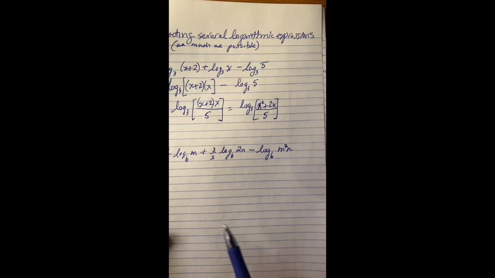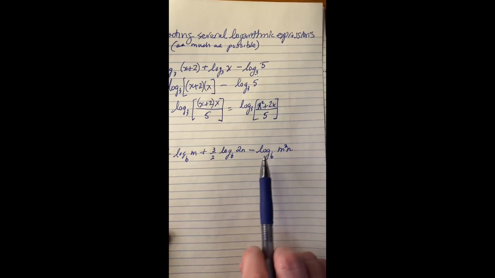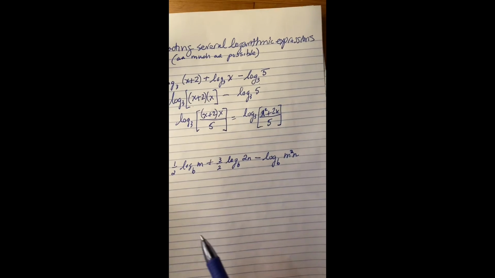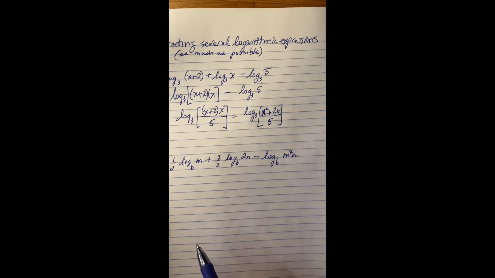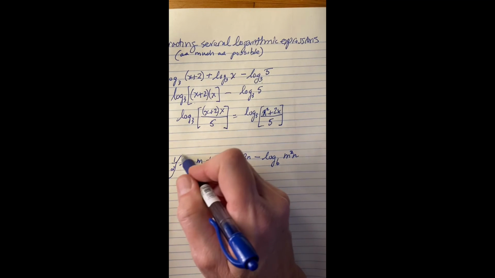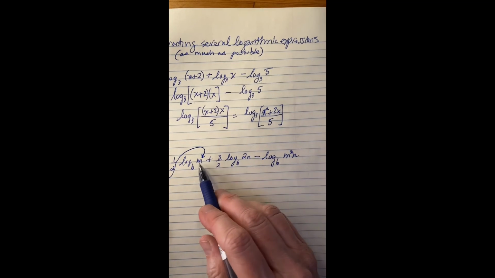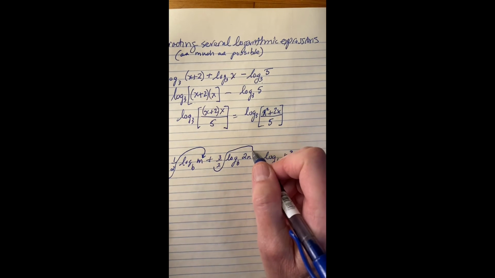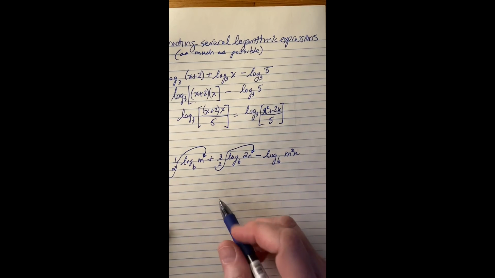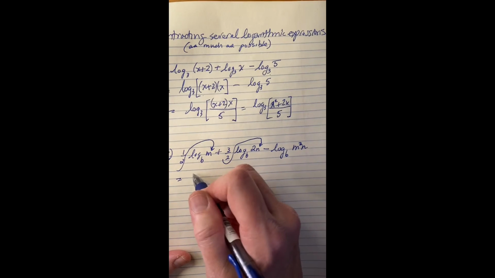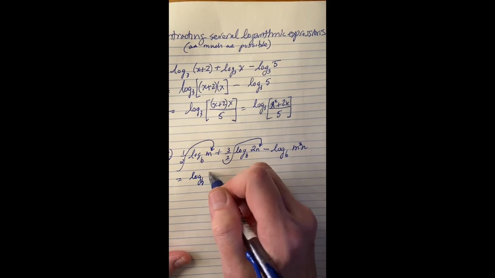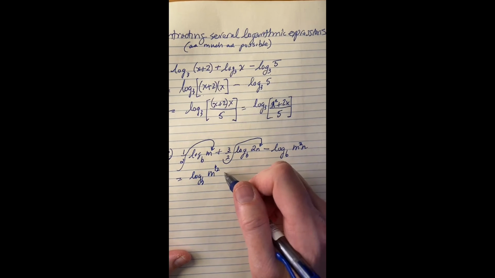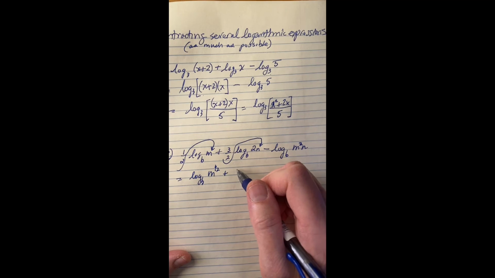How about this one? Now we have lots of little coefficients up front, here and here. So what we can do is swing those up here, and they are powers of the argument of the log base b. All right? So this would become log base b of m to the 1/2, also known as the square root of m, plus 3/2.